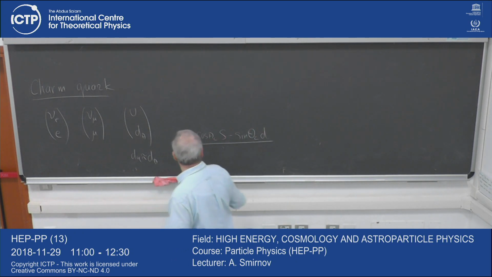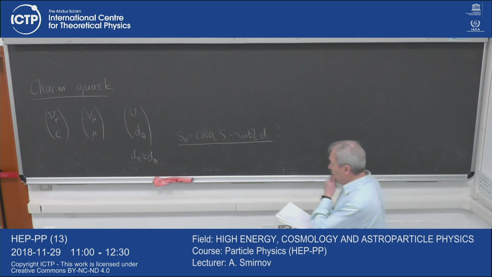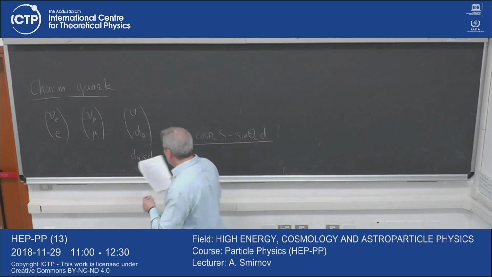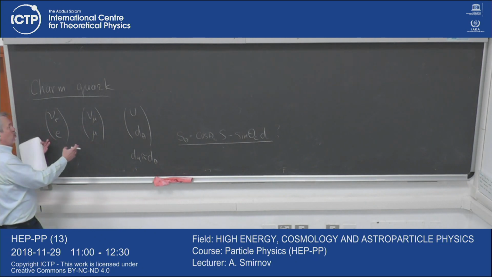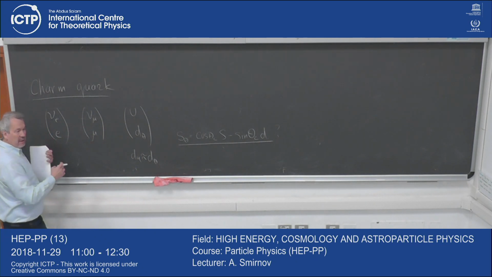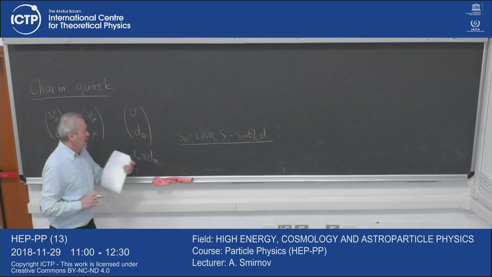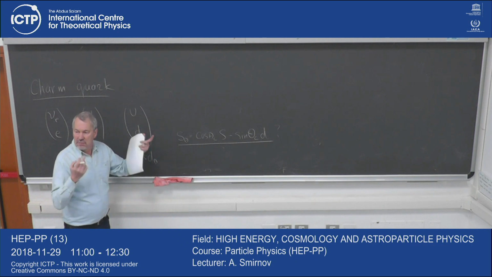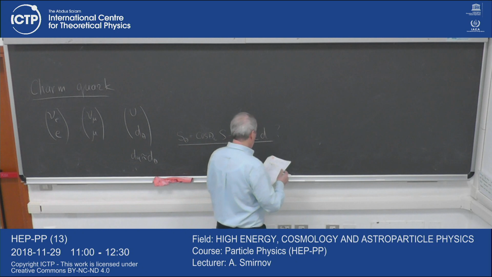So the question is why we have this combination which doesn't appear, which doesn't act in any way. This is one question. The second one, you see here a kind of asymmetry. We have two doublets of leptons and only one doublet of quarks, and this is just a combination which doesn't interact with anything else.